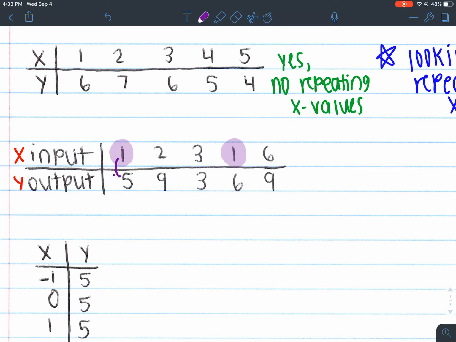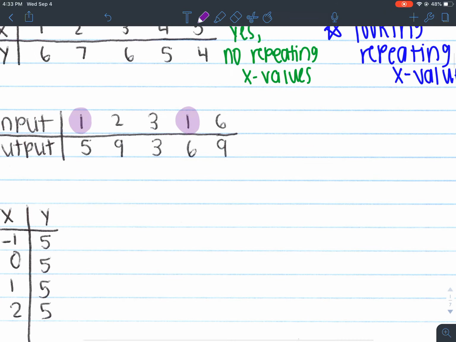It's repeating because 1 is going to 5, but it's also going to 6. It's basically kind of like cheating. You can't have your x values cheat, so your 1 can't go to two different numbers. That's not going to work. So this is not a function because one x value is repeating. As long as there's one that's repeating, it's automatically not a function.